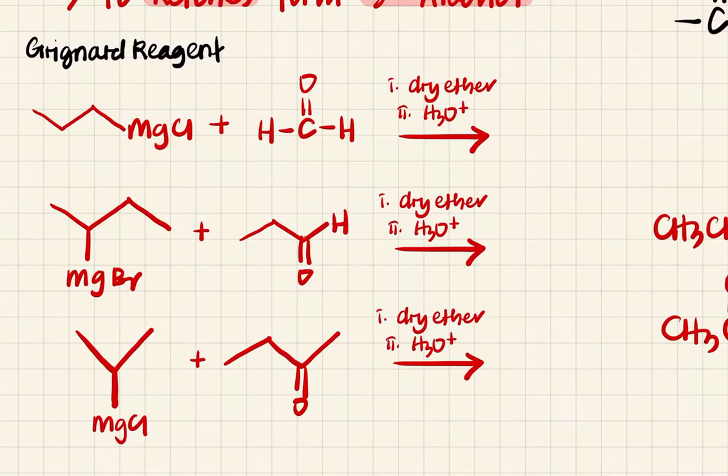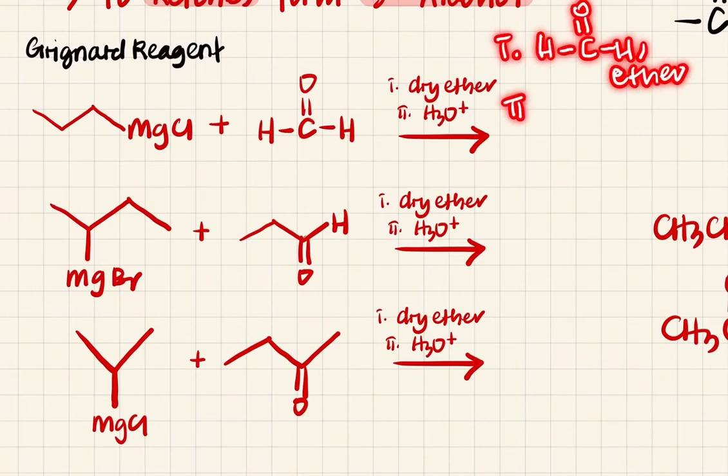Okay, so ini awak punya methanol. So what will happen, you can write it in this way, macam ni, atau awak tulis macam ni, atau awak letak H methanol tu kat sini dan ether, followed by hydrolysis.